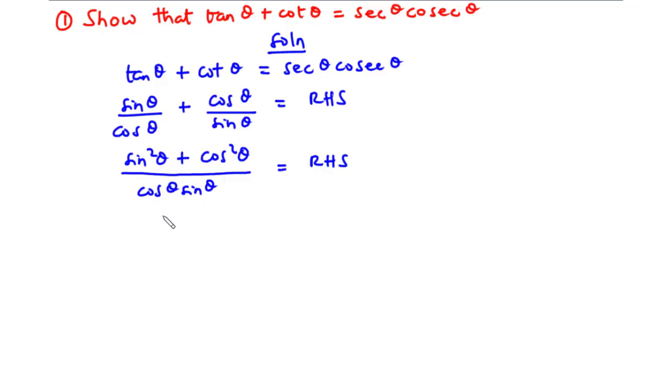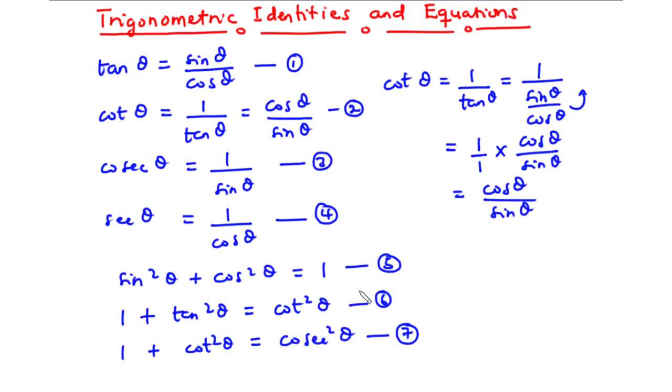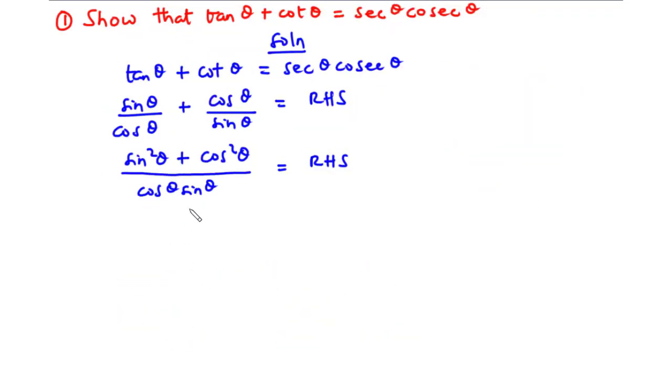Also, we know that sin squared theta plus cos squared theta is equal to 1. That is from equation 5. Therefore, we have 1 over cos theta sin theta is equal to the right hand side.